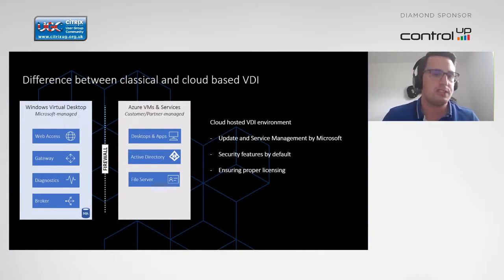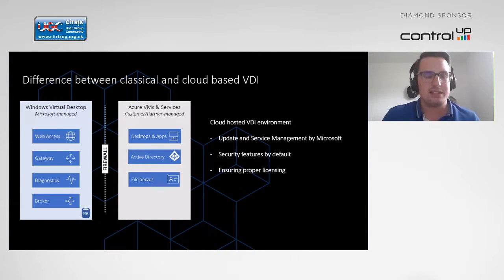You benefit from the security features by default, which means while using Azure Active Directory, which is mandatory to run your Windows Virtual Desktop environment, you benefit from conditional access features, multi-factor authentication, as well as features like reverse connect, which just requires port 443 to be open to the outside world, and Microsoft will control and manage the complete inbound traffic to WVD.